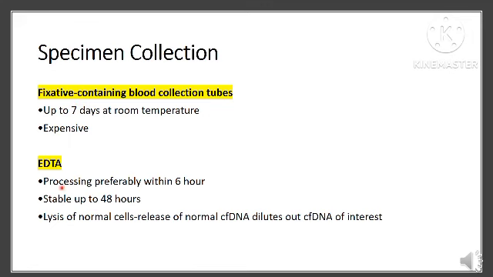EDTA, if you collect blood in EDTA, then processing should be done within the first 6 hours of sample collection. It can remain stable up to 48 hours, but the chances of lysis of your blood cells and release of your genomic DNA into plasma and diluting your cell-free DNA is more.